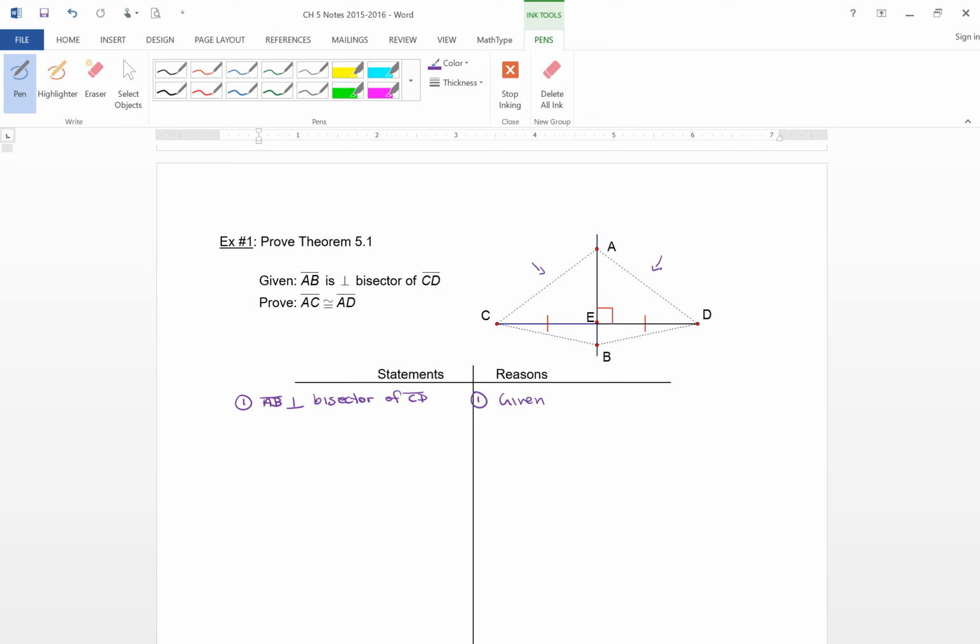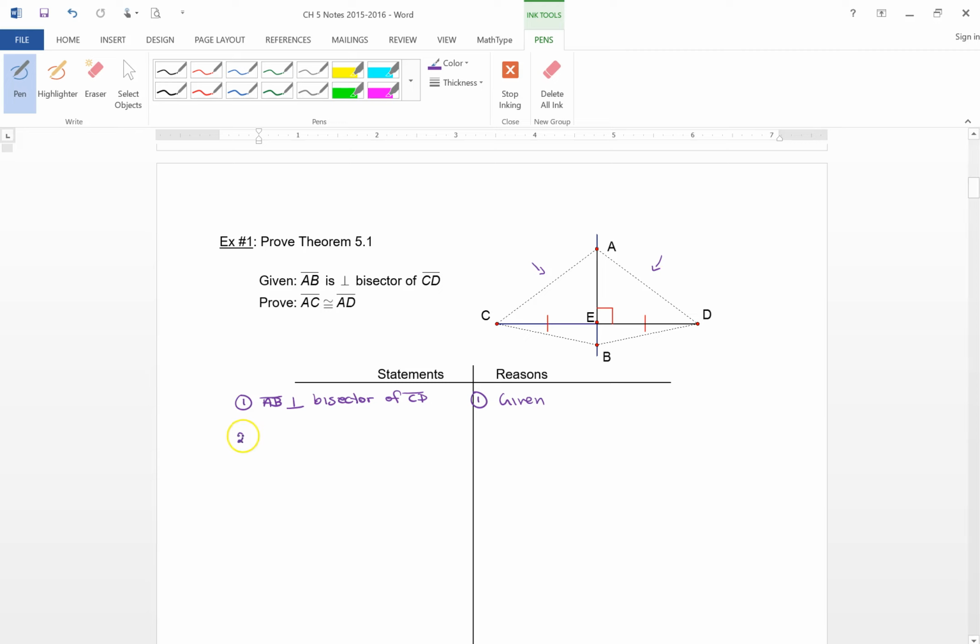Can I use HL for this one? No, because that's what I'm trying to prove. But what can I use? SAS. All right, so first off, I have the 90-degree angle.